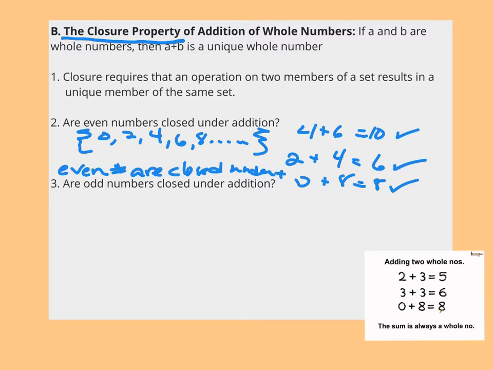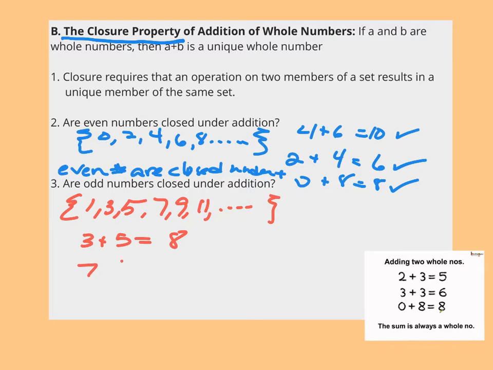So then we can check to see if that is true for odd numbers. If we think about our odd numbers, we're looking at 1, 3, 5, 7, 9, 11, and it keeps on going. If I add any two odd numbers together, 3 plus 5 is equal to 8, 7 plus 9 is equal to 16, 1 plus 3 is equal to 4.